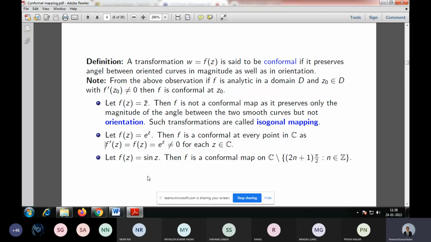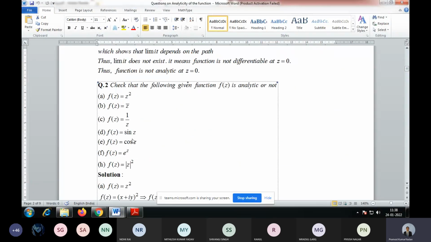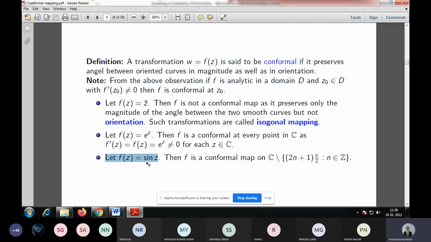I've given this example also, as sin z. A lot of examples I've given here: sin z, cos z, e power z, mod of z square. Sin z is analytic or not? Yes, sir. So you may see it is analytic.